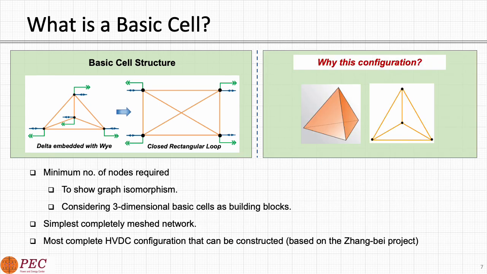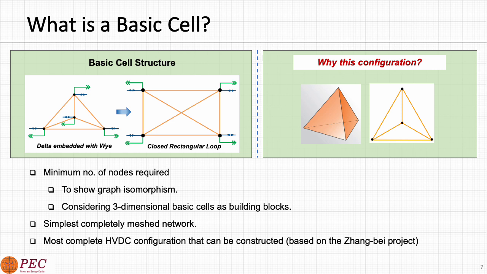So why does the basic cell have this particular structure or configuration with 4 nodes and 6 branches? Some of the factors that went into consideration for us while we came up with this configuration is that the minimum number of nodes, that is 4 nodes, is the minimum number of nodes required to show graph isomorphism. It is also the minimum number of nodes for considering 3-dimensional basic cell as the building block, as it represents a tetrahedron.